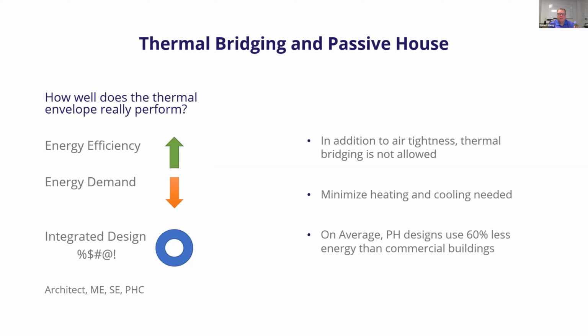In either case, the main goal is to drive energy efficiency up and energy demand down, right? Which is why the energy code is getting stricter and stricter every time they release a new one.